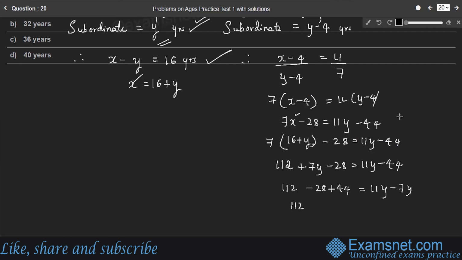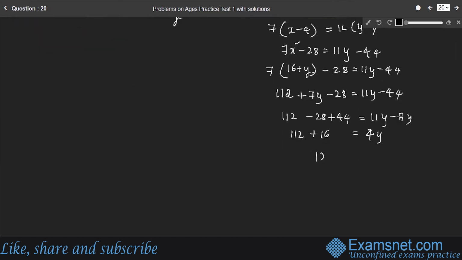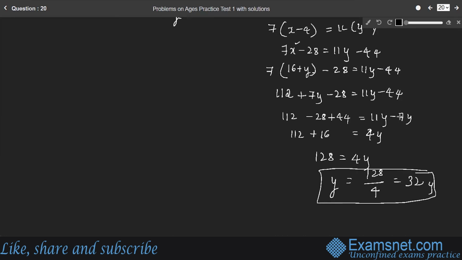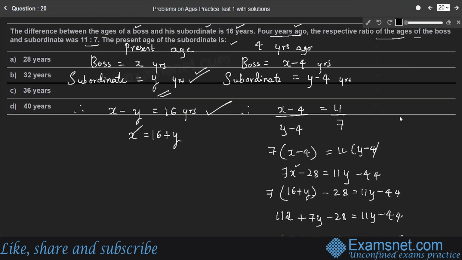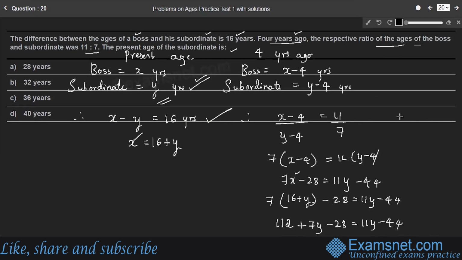So 112, minus 28 plus 44 becomes plus 16, is equal to 4y. So 112 plus 16 becomes 128, which is equal to 4y. Hence the value of y becomes 128 by 4, which is 32. So y, the subordinate's present age, is 32 years, right? Therefore, the present age of the subordinate is 32 years. Option B is the right answer.